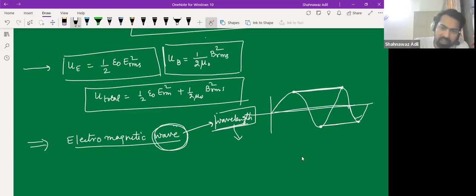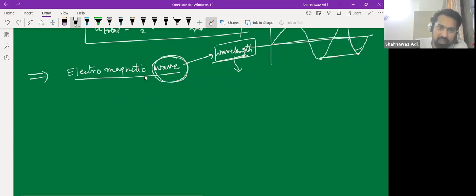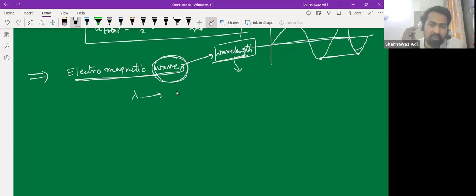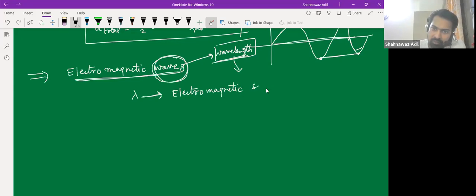When we observe these electromagnetic waves, they have different kinds of wavelengths, from let's say picometers to megameters. That set of wavelengths makes the electromagnetic spectrum, because we have a different range of wavelengths.